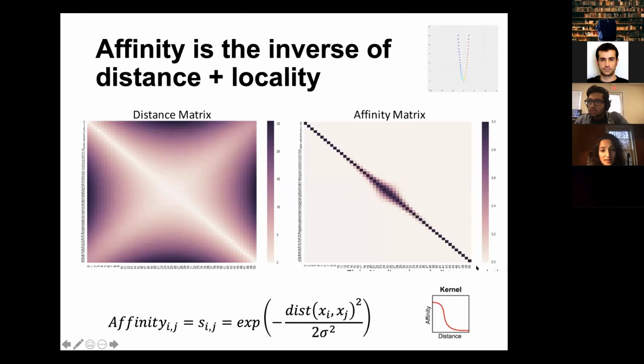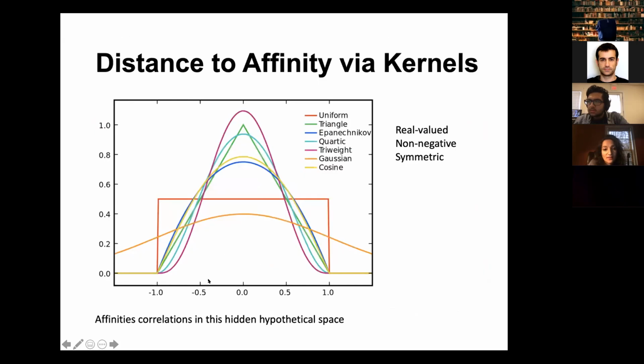So this is how you get sort of a soft version of a nearest neighbors graph with weighting on each of the neighbors. And the weighting is given by the affinity. And in order to go from the distances to the affinities, we made use of these types of kernel functions. And kernel functions have this property that they're high in the middle, they integrate to 1, so they drop off quickly.